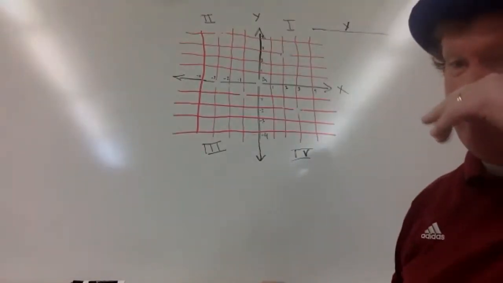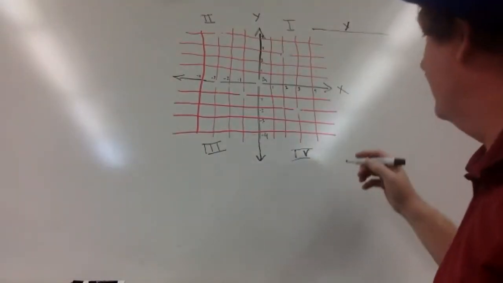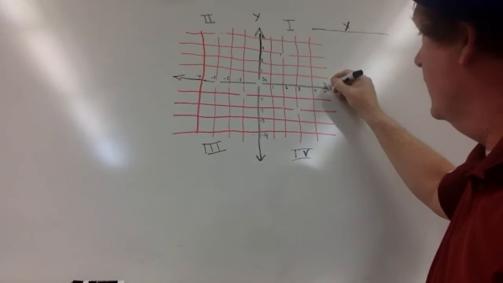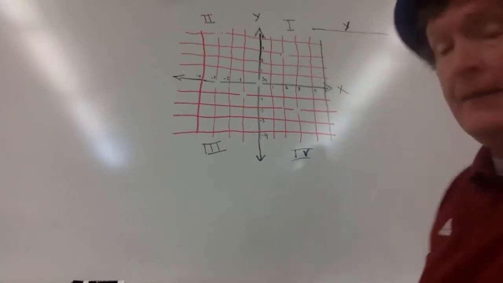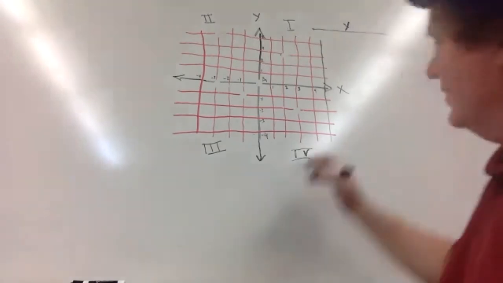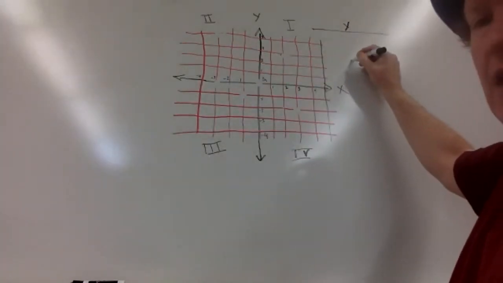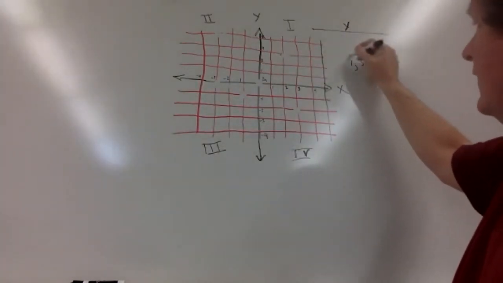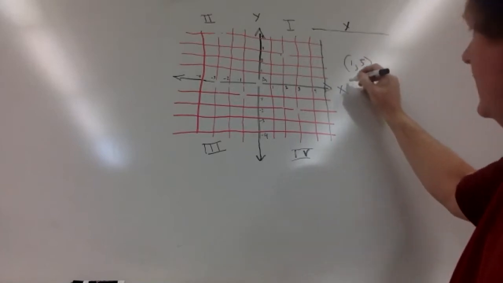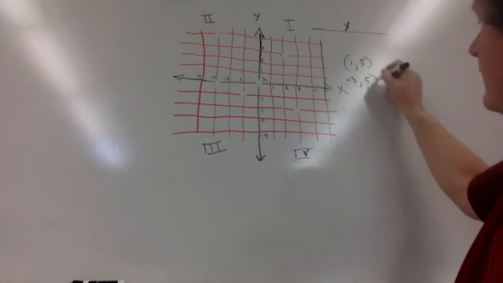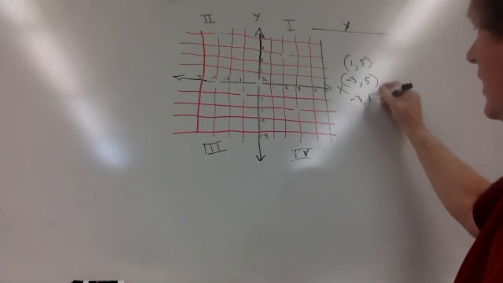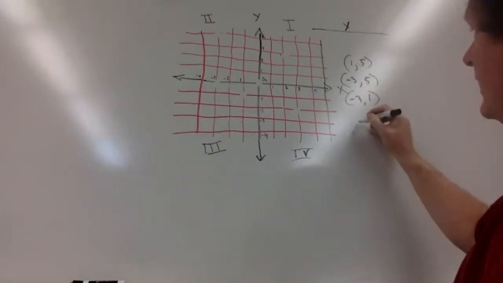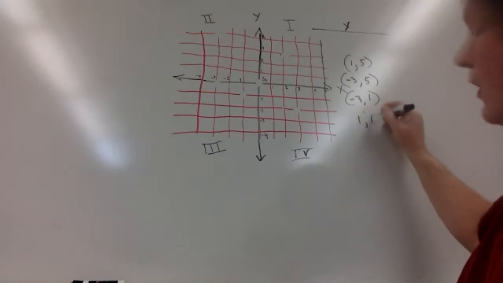Okay, so on number 13, they gave us pairs of 1, 5, -3, 5, -3, 1, and then probably 1, 1, I'm guessing.